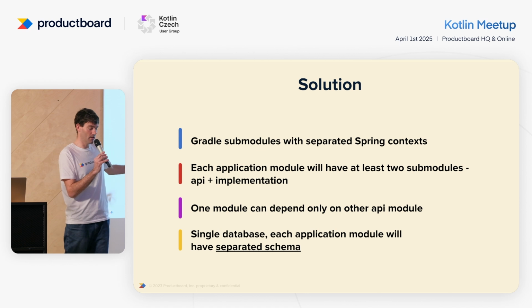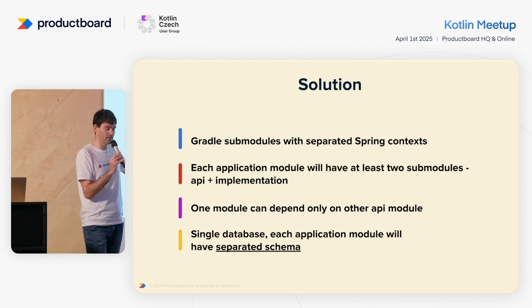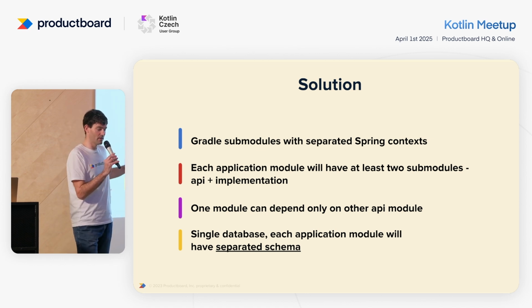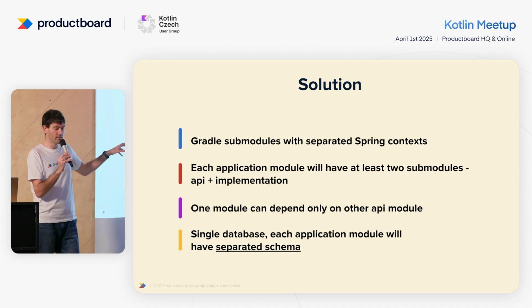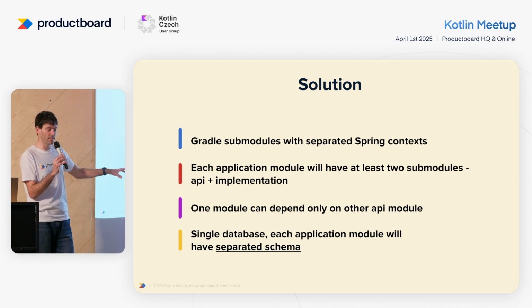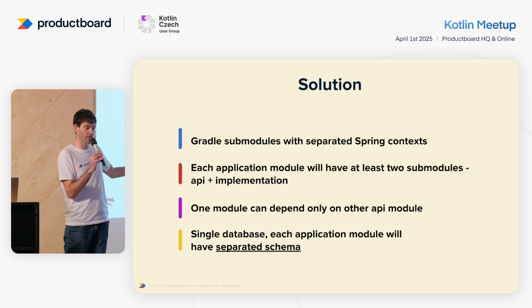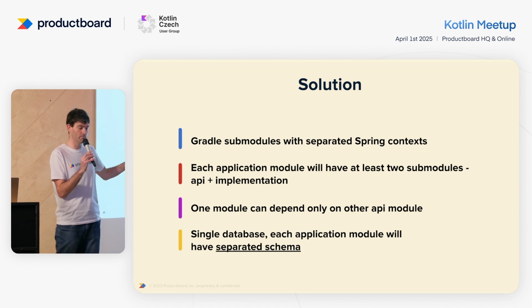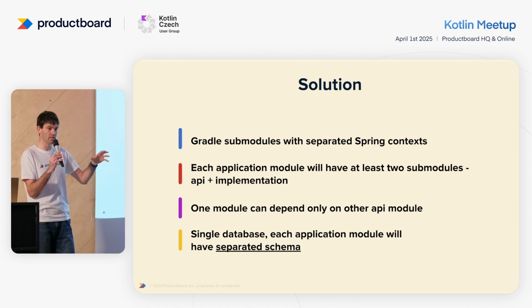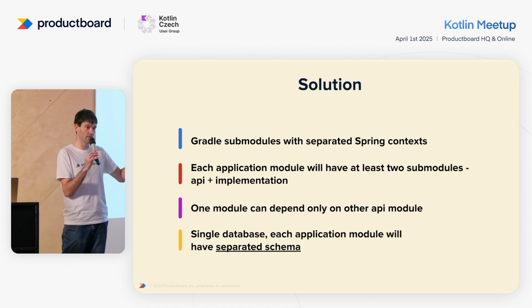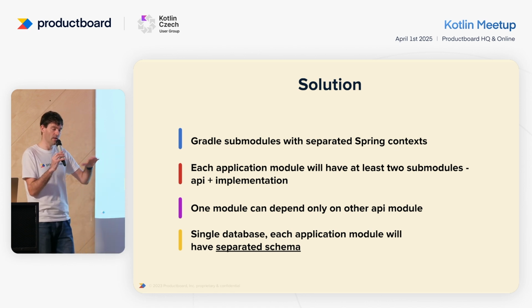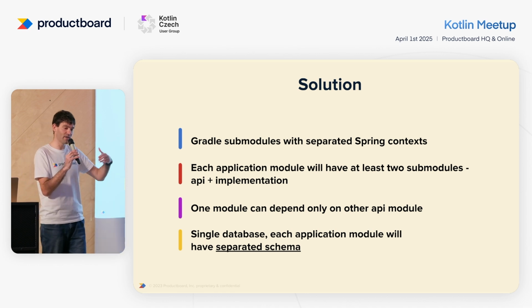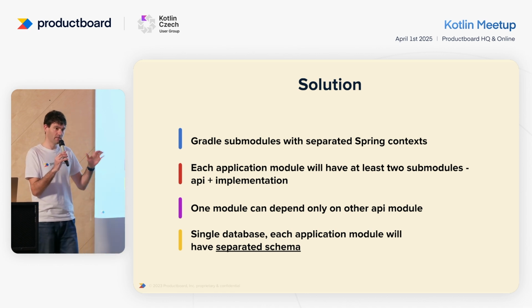And on that image with the database, it looked weird that we are integrating services through one database, but we use only one database because of pricing. We use one RDS, but each module has a different schema and separated users, so they can't communicate together through the database.